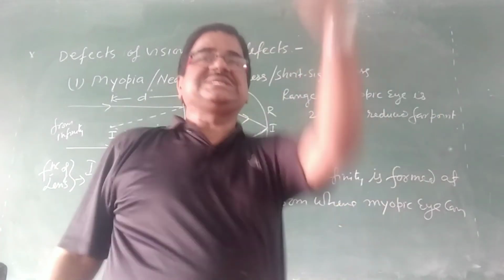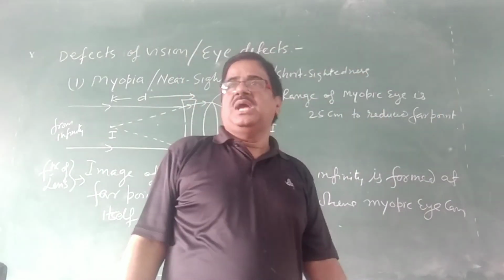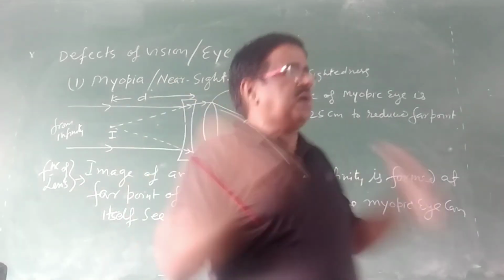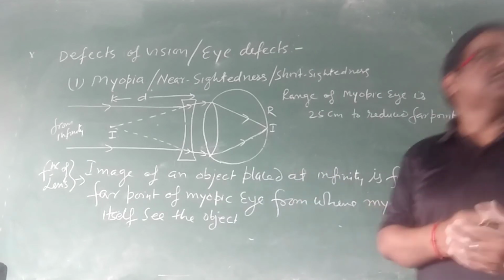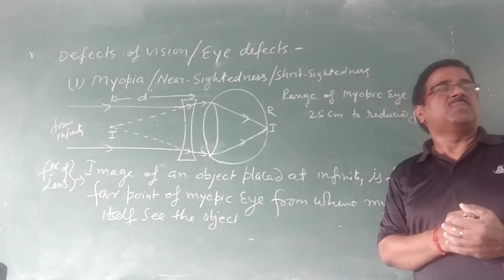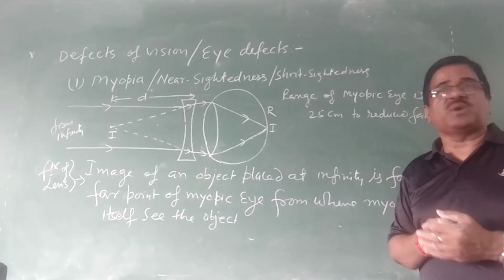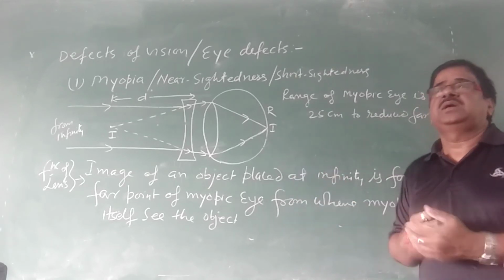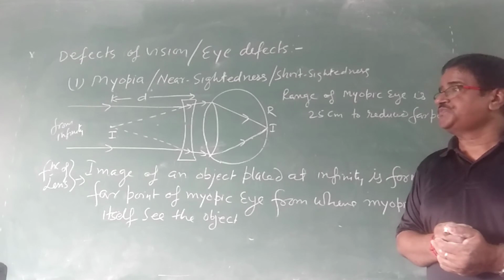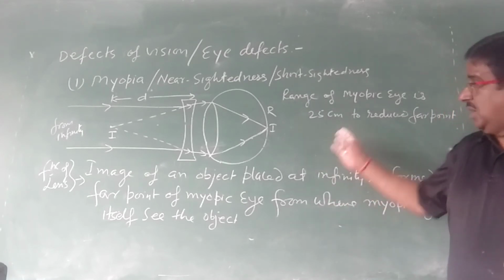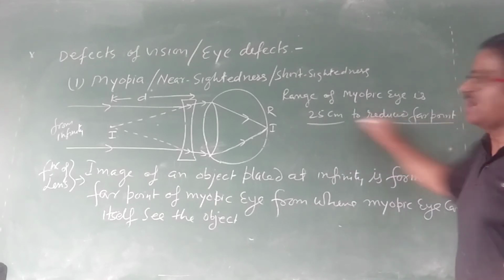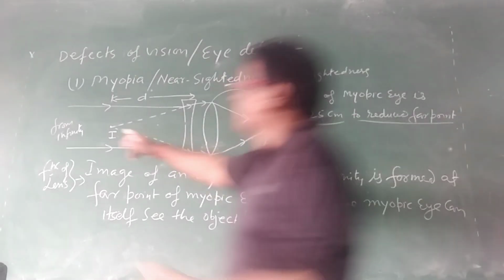If a student is sitting at the last bench and is not able to see the blackboard, but if that student is brought nearer, he can see the blackboard. So this is the range, 25 centimeter to the reduced far point.